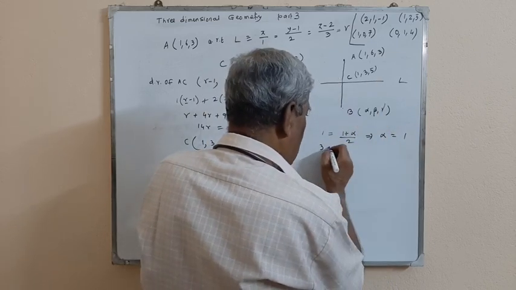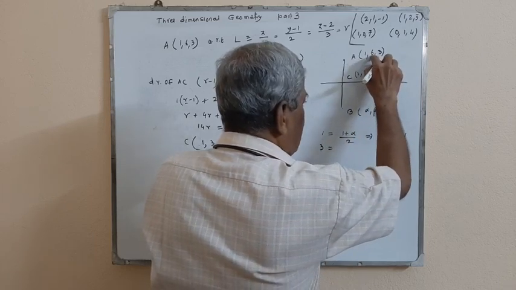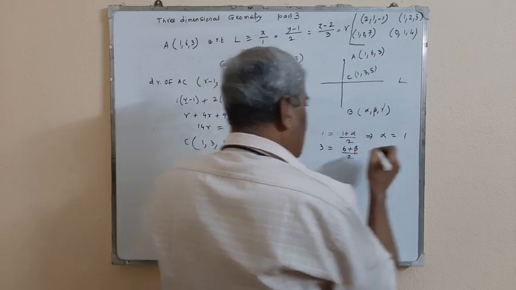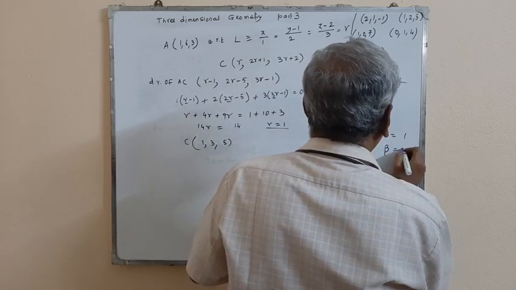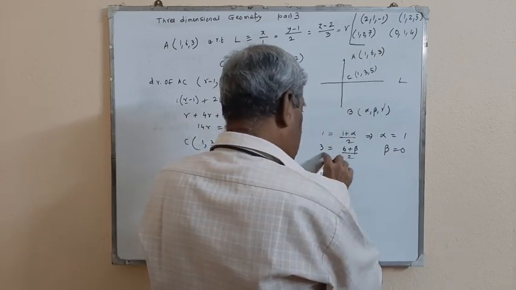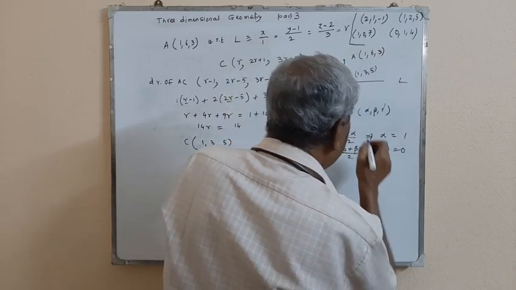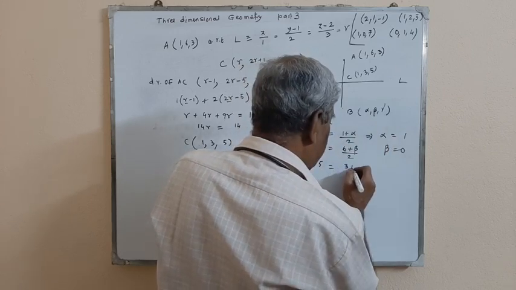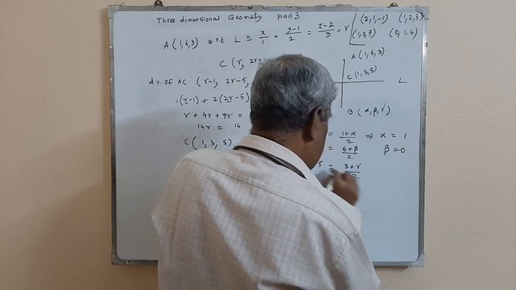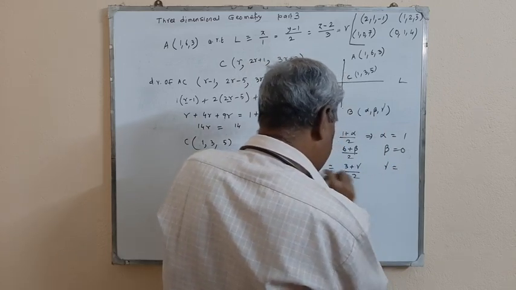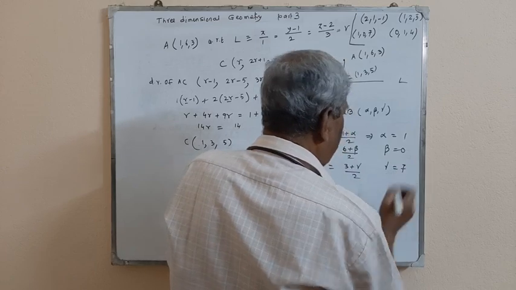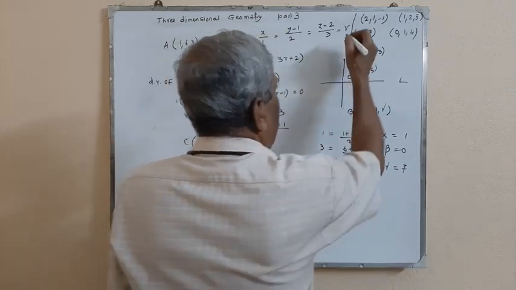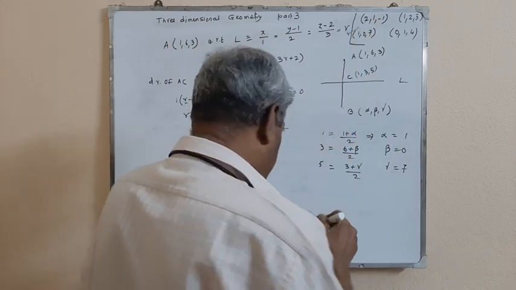Similarly, the y coordinate 3 is (6 plus beta) by 2, that is, beta is equal to 6 minus 6, that is 0. Then the z coordinate 5 is (3 plus gamma) by 2, that is 10. Gamma is equal to 10 minus 3, that is 7. So alpha, beta, gamma is (1, 0, 7). So this is the correct option.